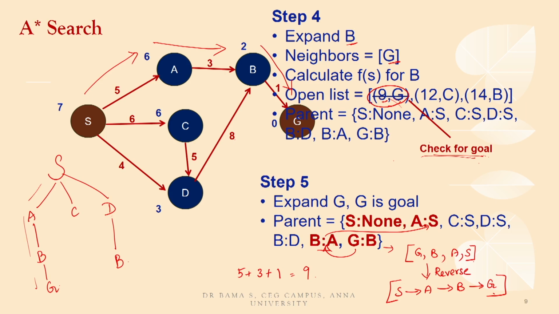So, this is the working of the A star algorithm, where at each step we calculate the f of n value, which is the addition of g of n, the actual cost, plus the heuristic value h of n.